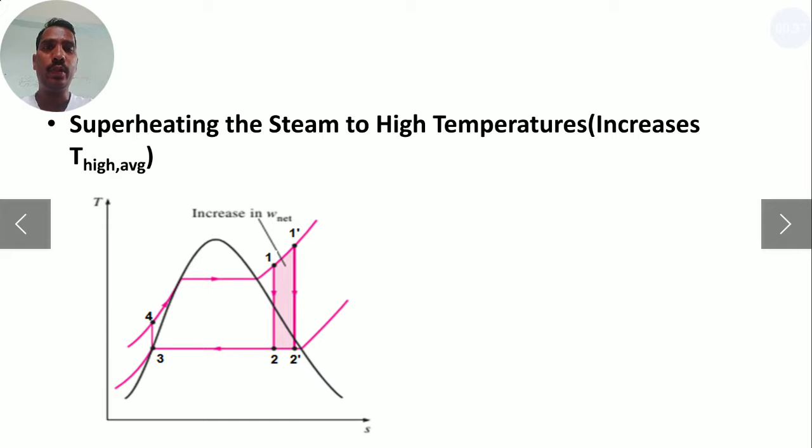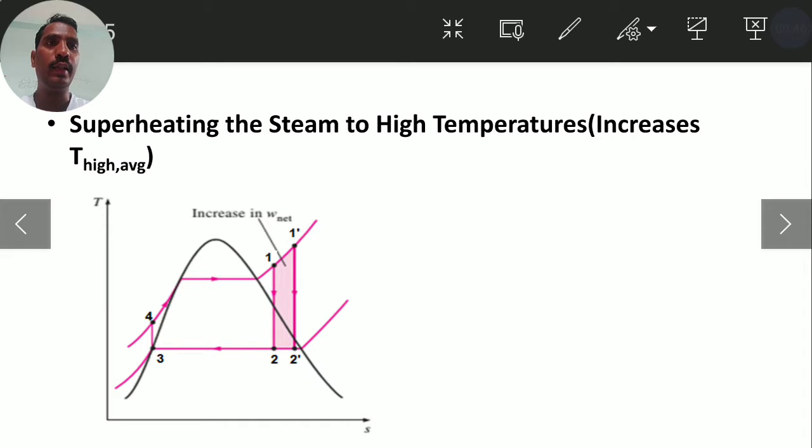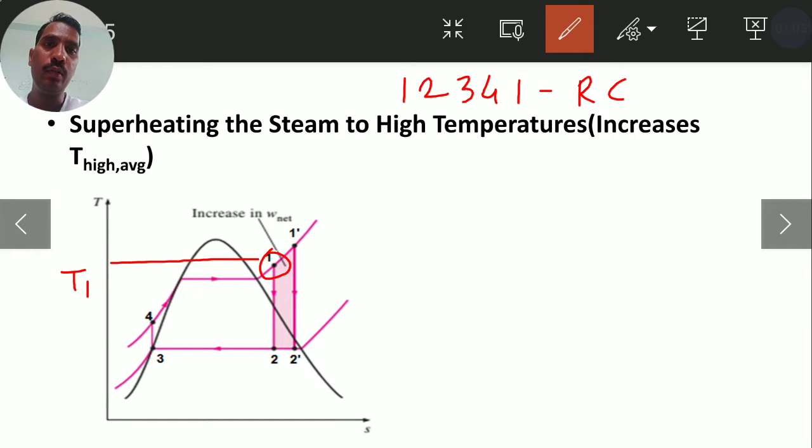For that purpose we have drawn here a TS diagram of a Rankine cycle. The reference cycle here is 1 2 3 4 1. This is our reference cycle. The point 1 temperature is increased from T1 to T1 dash.